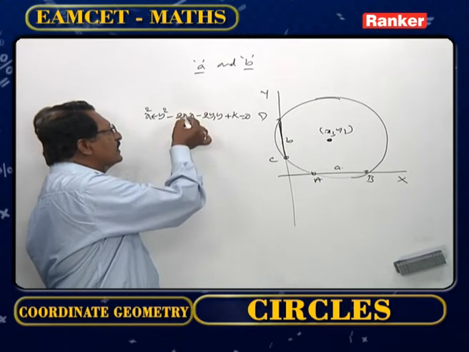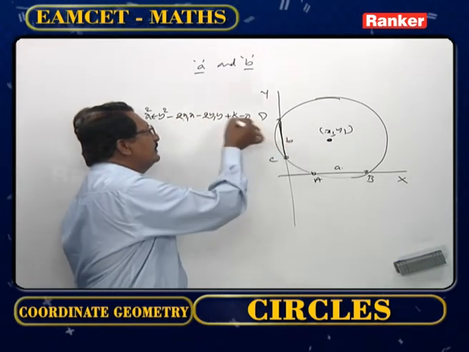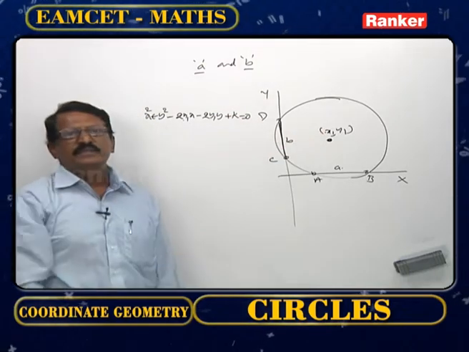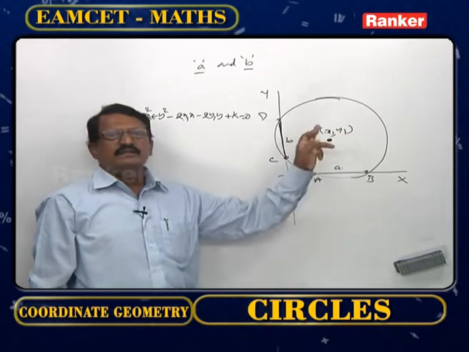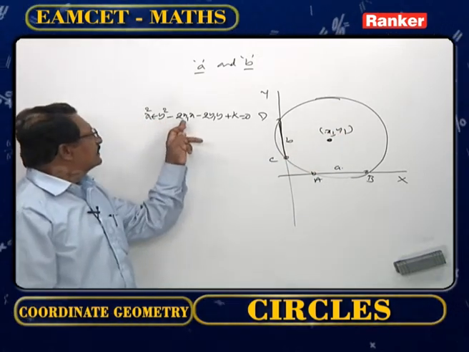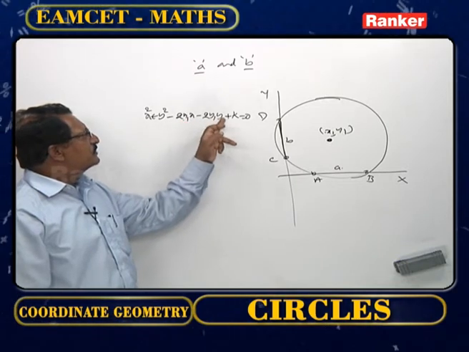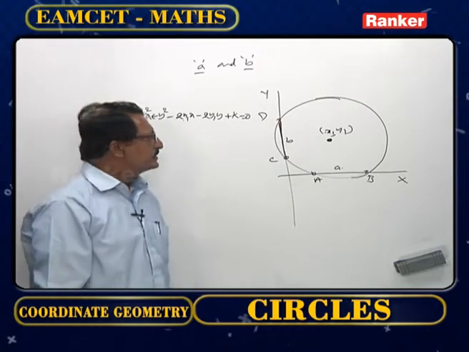Here minus half of the coefficient of x is x1 and minus half of the coefficient of y is y1.